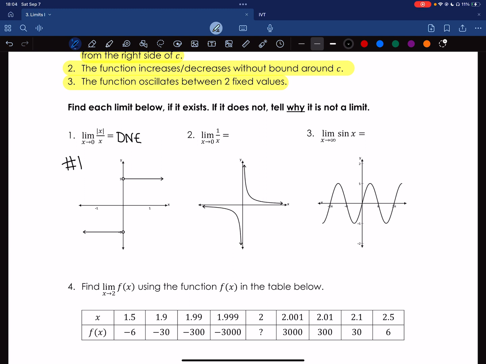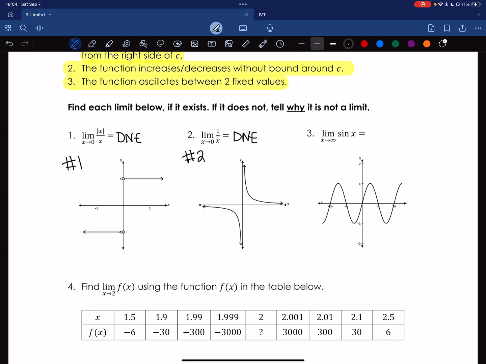The next one, the limit as x approaches 0, also doesn't exist because it is increasing without bound or decreasing without bound. Or we could also say that the function is approaching a different value from the left and the right as it approaches C. So this could be option number 2 or number 1.